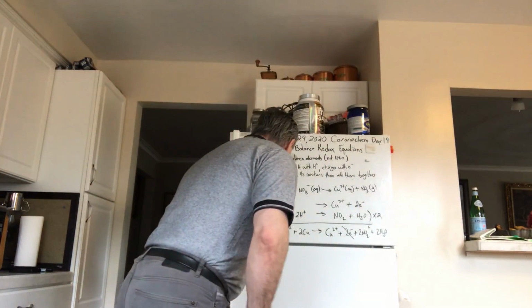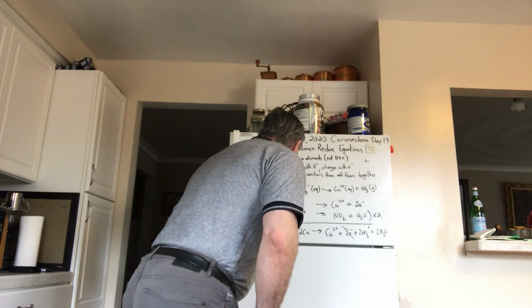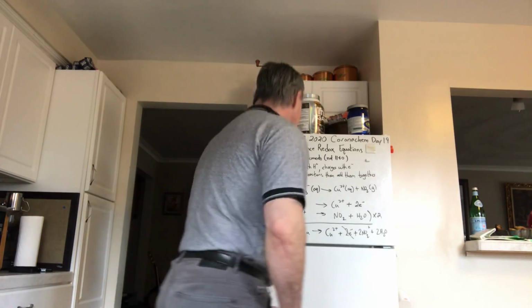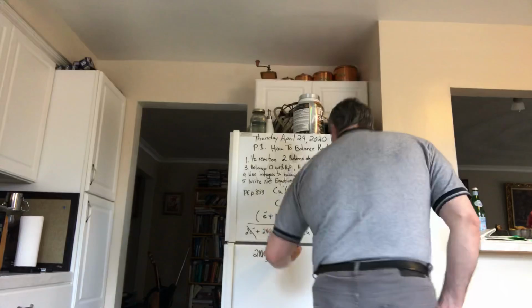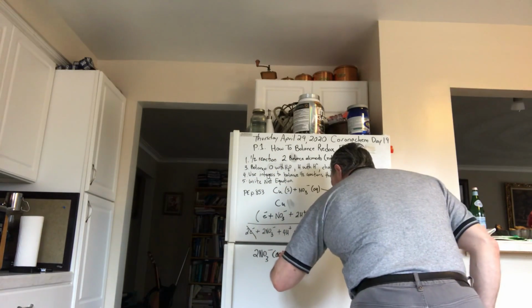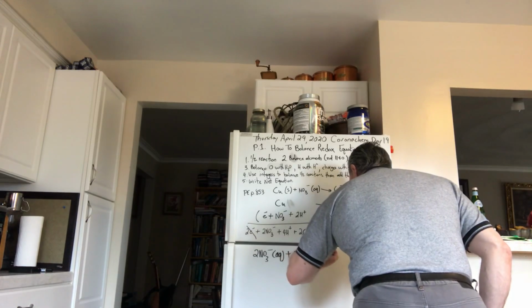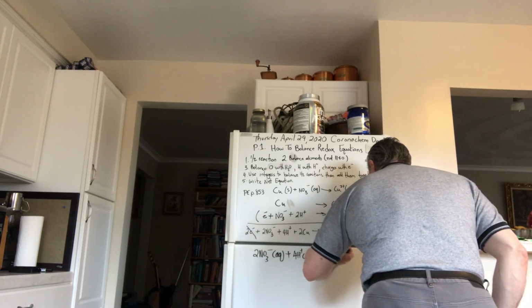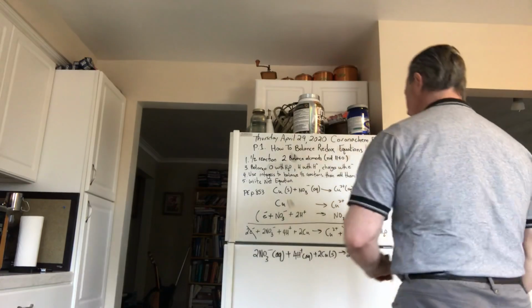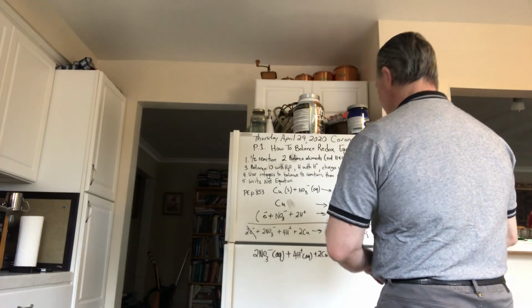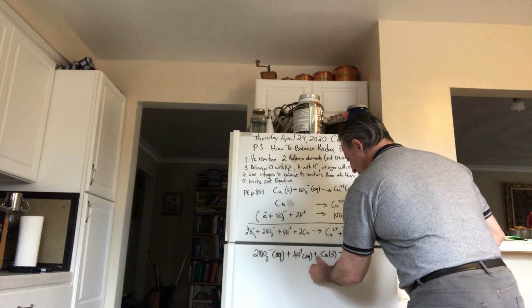So 2 nitrates aqueous, this is when we rewrite the states again, plus 4 hydrogens aqueous plus 1 copper solid yields, how did I suddenly acquire 2 coppers? No, that's gone.